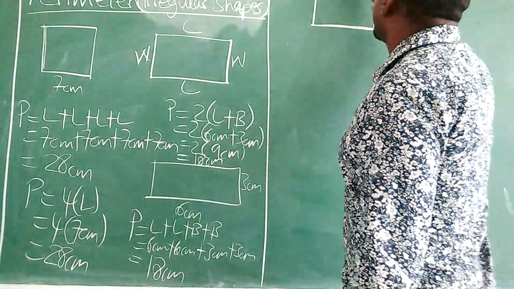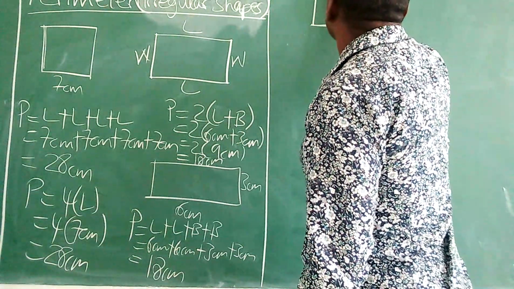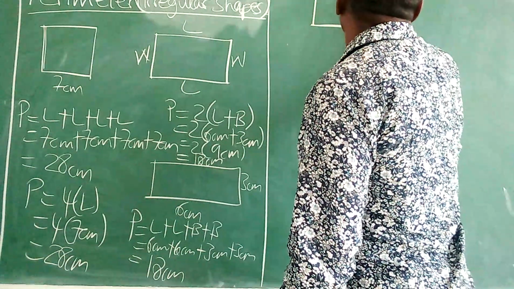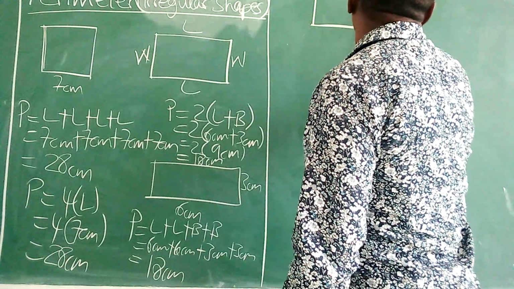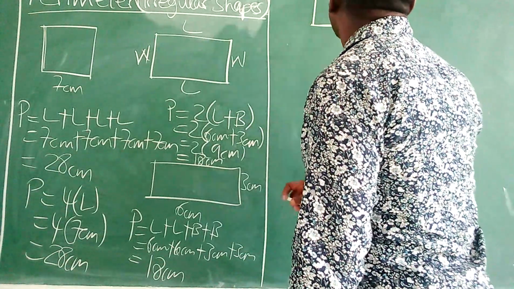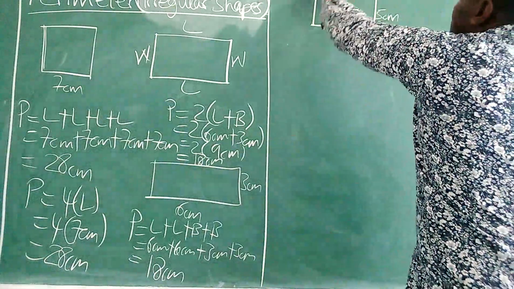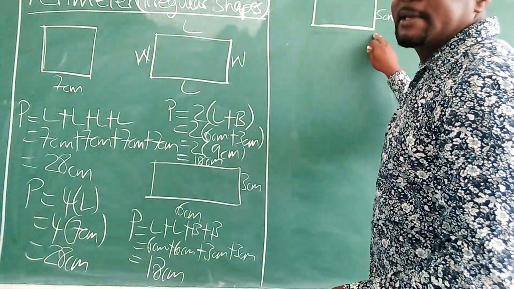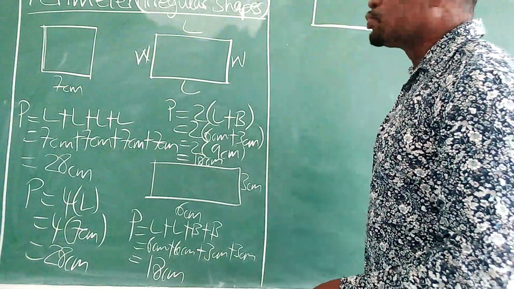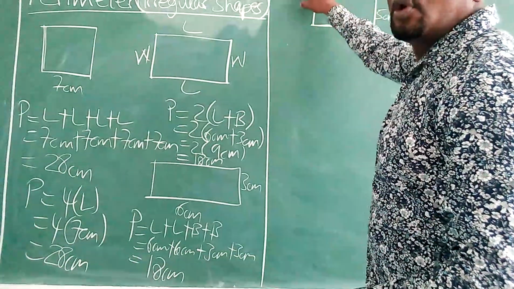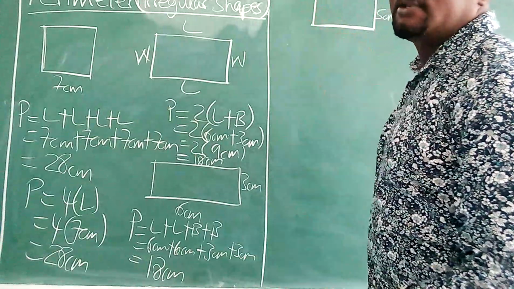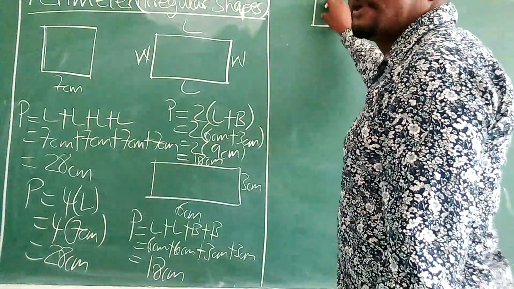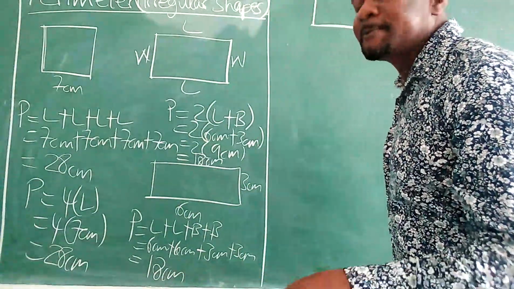So if I have here, let's say 3 centimeters, and here too is 3 centimeters, then I have here 5 centimeters. Here is 5 centimeters. Then you are defining the perimeter of this shape. Here is not there. Here too, there's no number there. So you have to know the numbers that you have to put here, and then you find the perimeter of the shape.